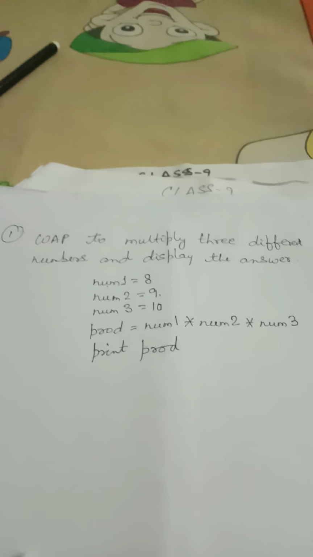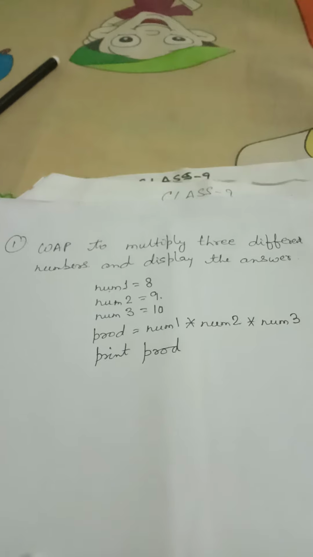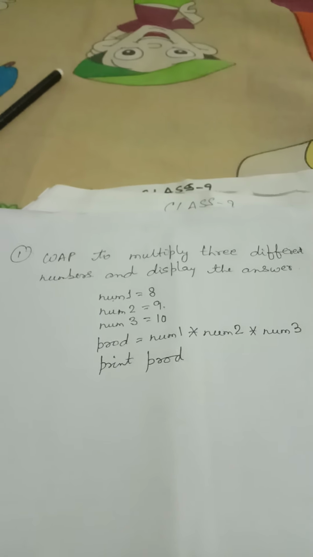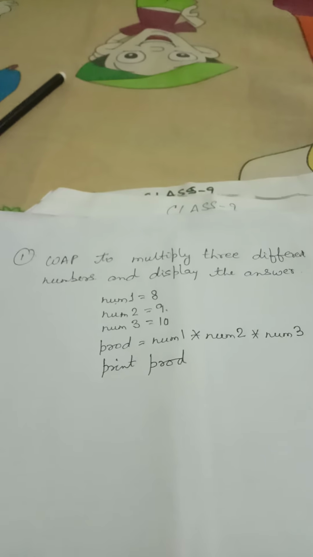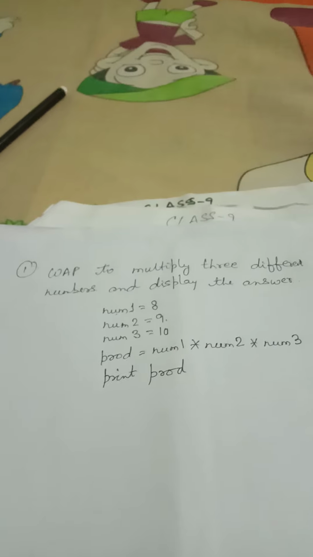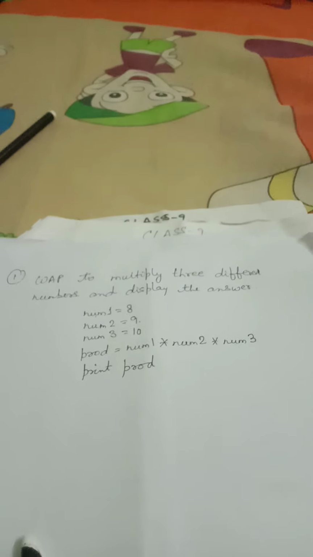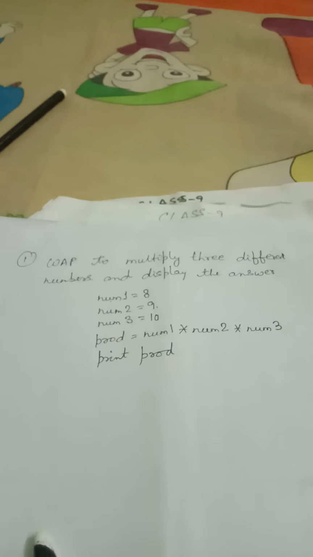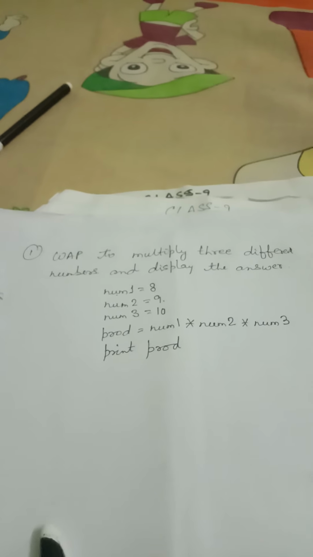Similarly, we can also find the division answer of dividing two numbers and also finding the quotient. Quotient means finding the remainders. There are many programs that we'll be doing in the further classes. This is just a simple explanation of doing some simple programs so that your concepts get clear.